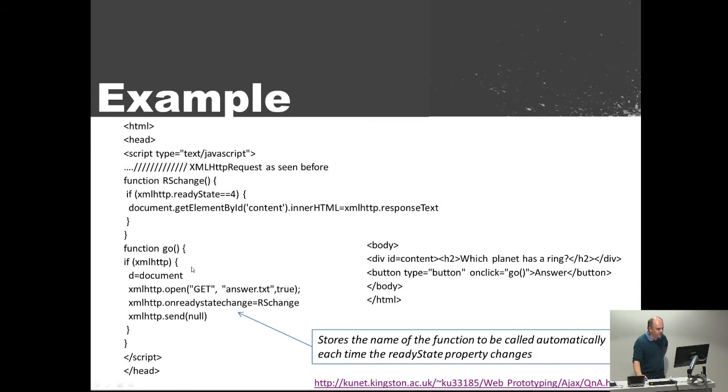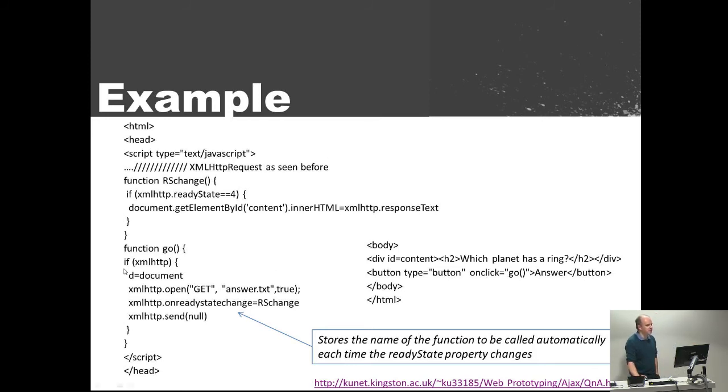So the go function is going to check if the XML HTTP request has been done or not. And you should write it here, the way I showed you before, where you test the different browsers.